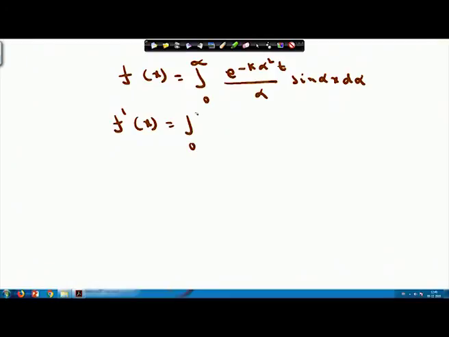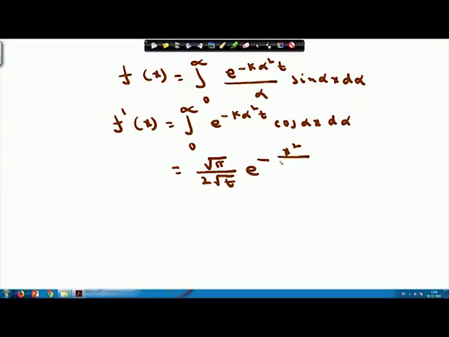Your f dash x I can write down as integral 0 to infinity e power minus k alpha square t into cos of alpha x d alpha, your alpha will be vanishing, and this value is known to us. If I substitute this value, this will be e power minus x square by 4 t k. I am using this integral value as a known result.